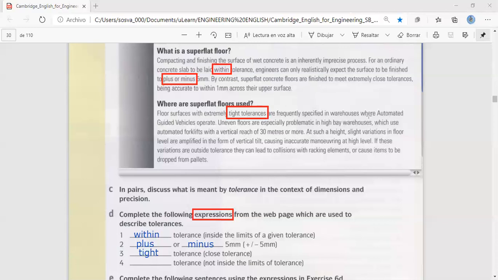Outside tolerance. I think it was easy because it says outside. So that's the answer: outside tolerance.